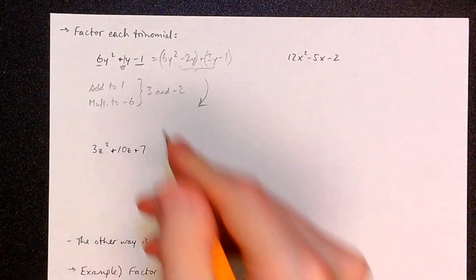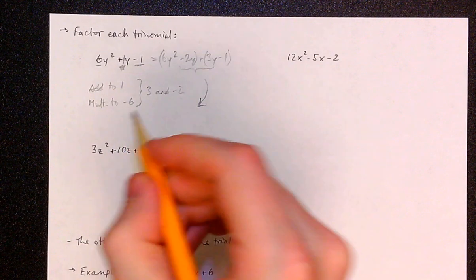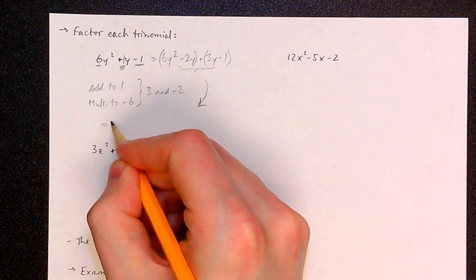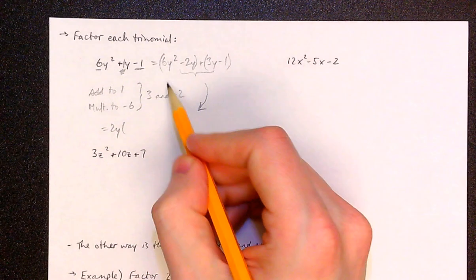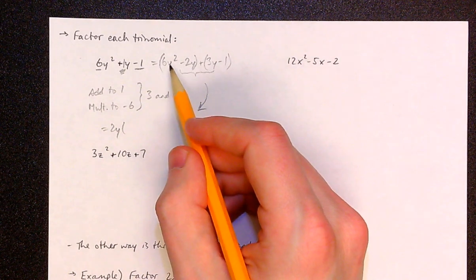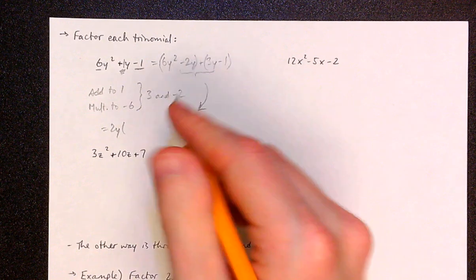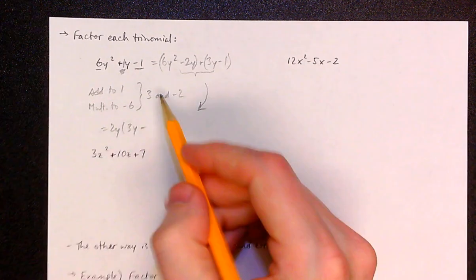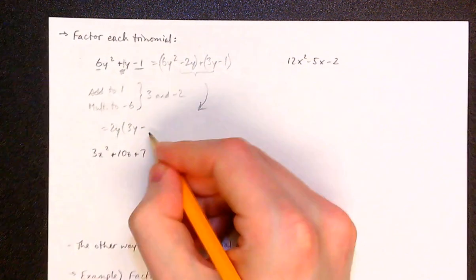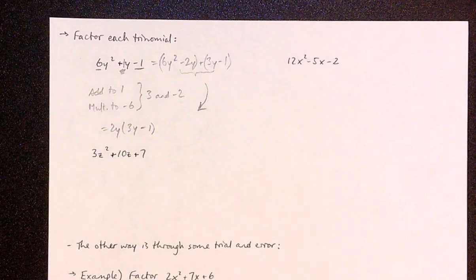Well, you should find that the GCF is 2y. When you divide out that GCF, 6y squared divided by 2y gives you 3y minus, and 2y divided by 2y gives us 1.